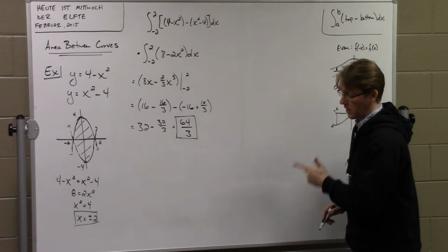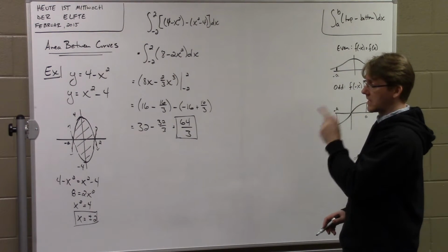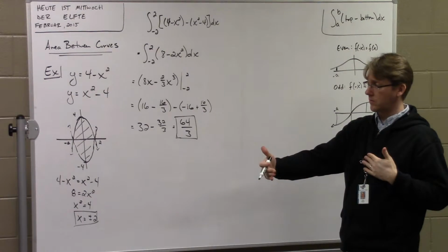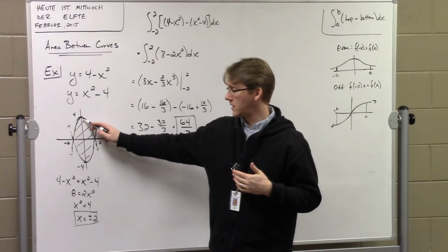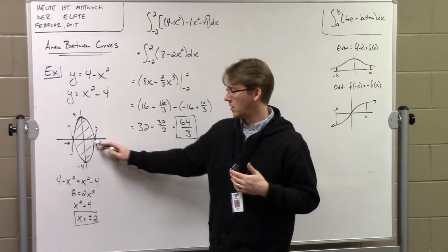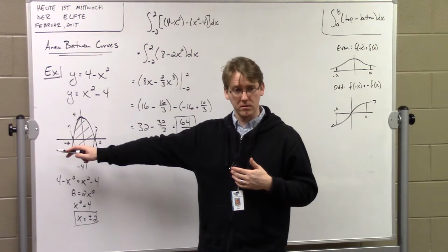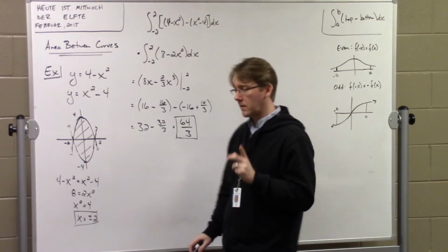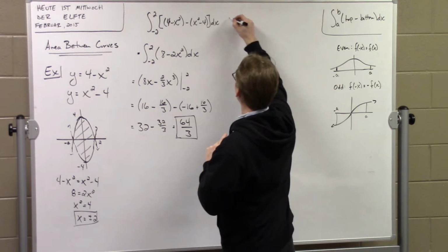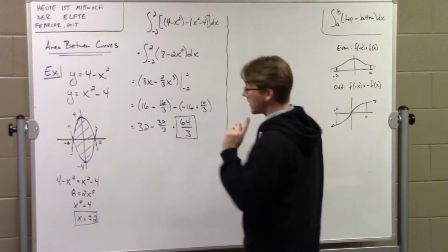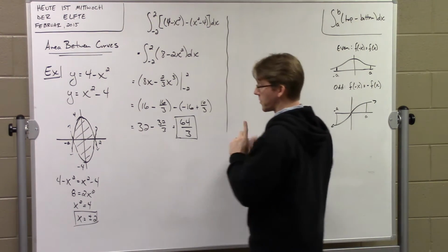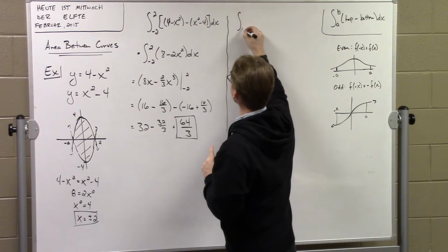What we could have done was, instead of going from -2 to 2, we could have gone from 0 to 2, and then doubled that area, okay? The reason we would do that is that the areas are symmetric, but there's something really nice about the setup that makes it advantageous.